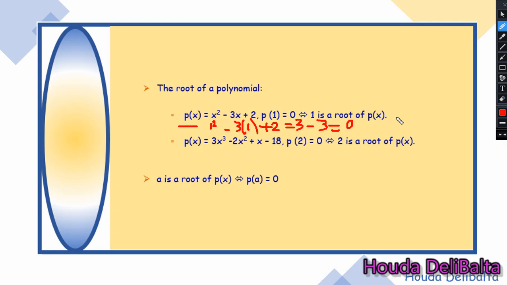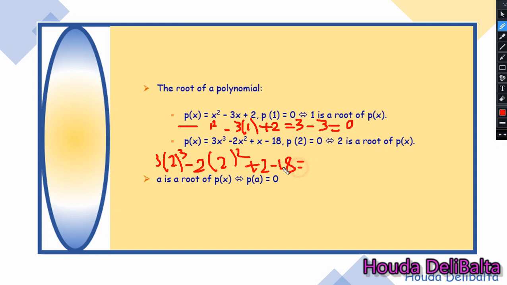So the root is a real number that when x is replaced by this number, I will get 0 for the polynomial. Here is another example, and I'm saying that p of 2 is 0, equivalent to saying that 2 is a root. So as if I'm replacing each x by 2, then I will get 3 into 2 cubed minus 2 into 2 squared plus 2 and minus 18.